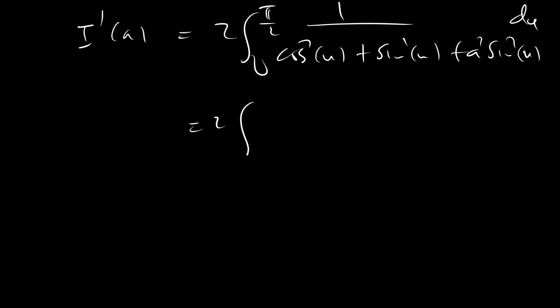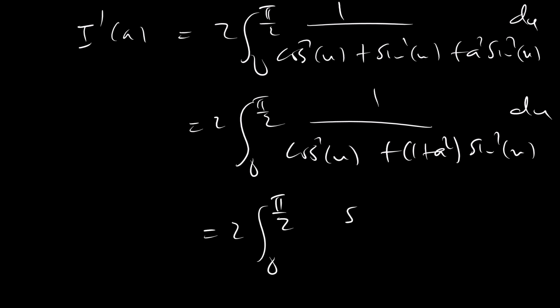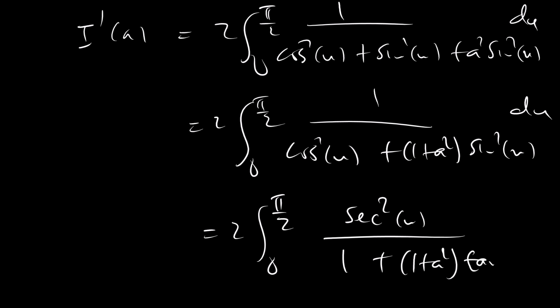Okay, so we have 1 over cosine squared u times 1 plus a squared sine squared u. Now if we divide both the numerator and denominator by cosine squared u, we have 2 times the integral of sec squared u over 1 plus a squared tan squared u du.